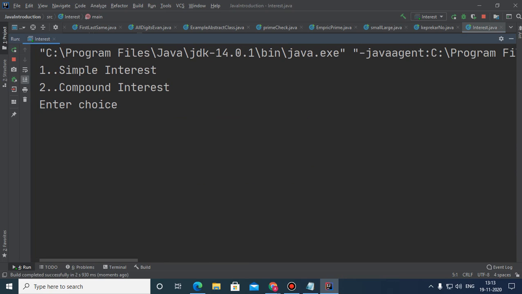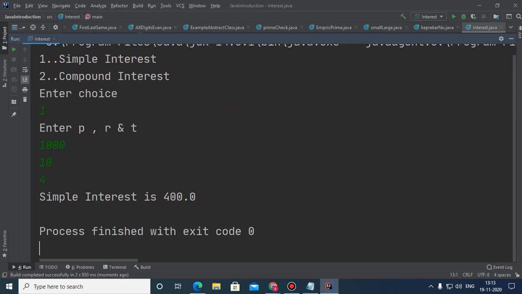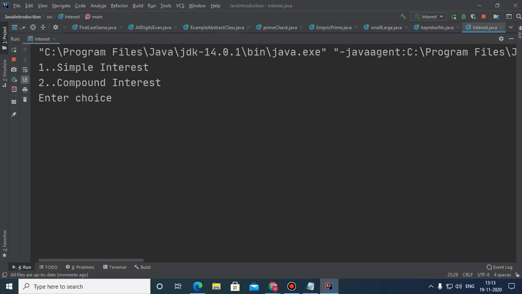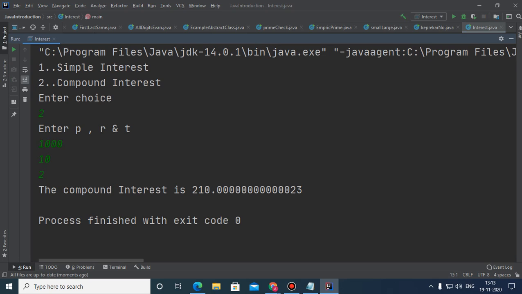So children, in case of simple interest, suppose choice is 1, we have entered 1000 and then 10 and then 4. You can see that the simple interest is 400. In a similar way, if I select this choice and it is 1000, 10 and 2, it is 210.